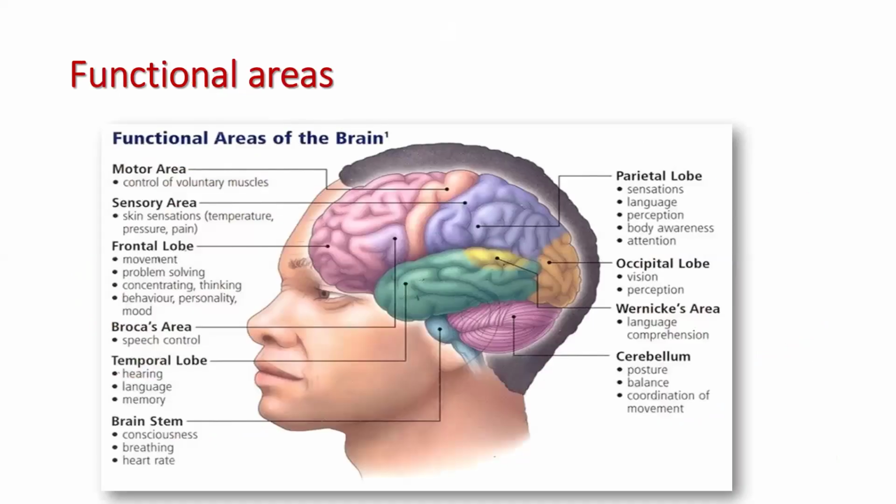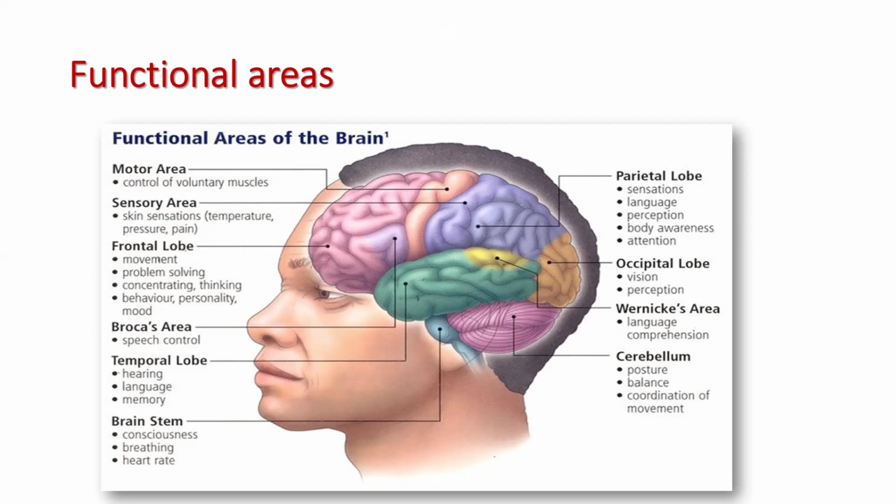So we have to remember at least a little bit about the functional areas of the brain, the so-called Broca's areas of the brain. Just having an overview, when you look at this brain and you divide it in the middle where my arrow is, you have the central sulcus, and just in front of the central sulcus you have the primary motor area, which is responsible for controlling the voluntary muscles, the motor function that we assess when we are doing our Glasgow Coma Scale.